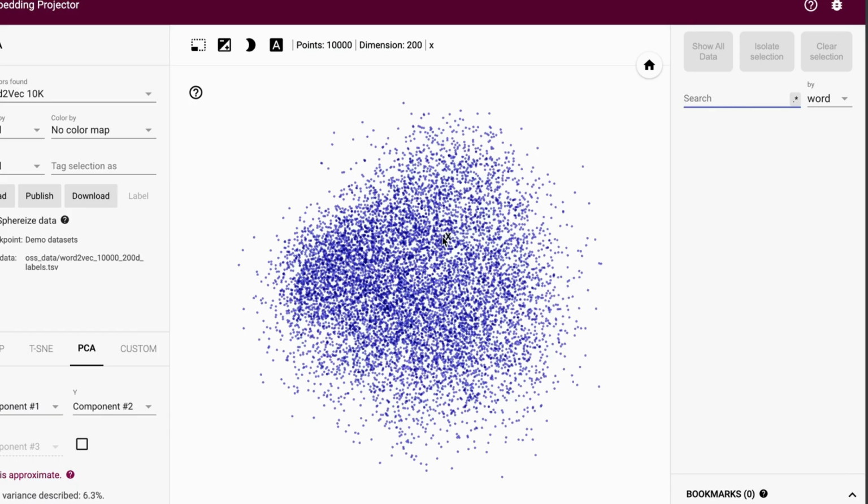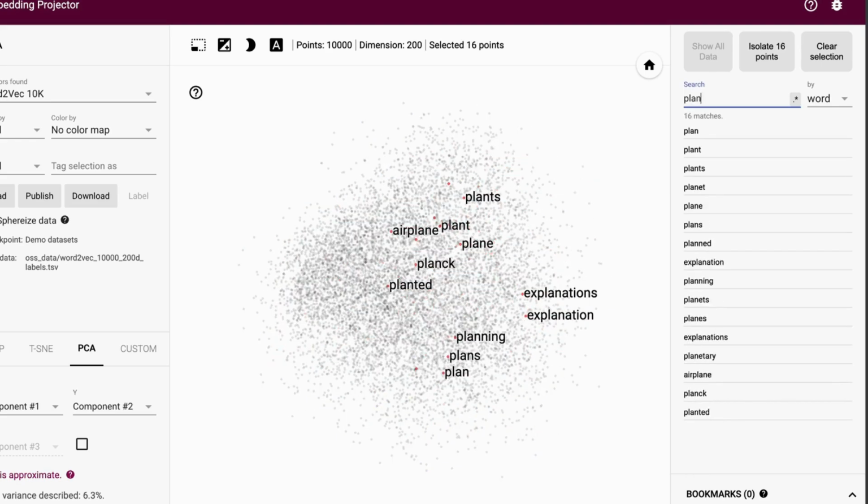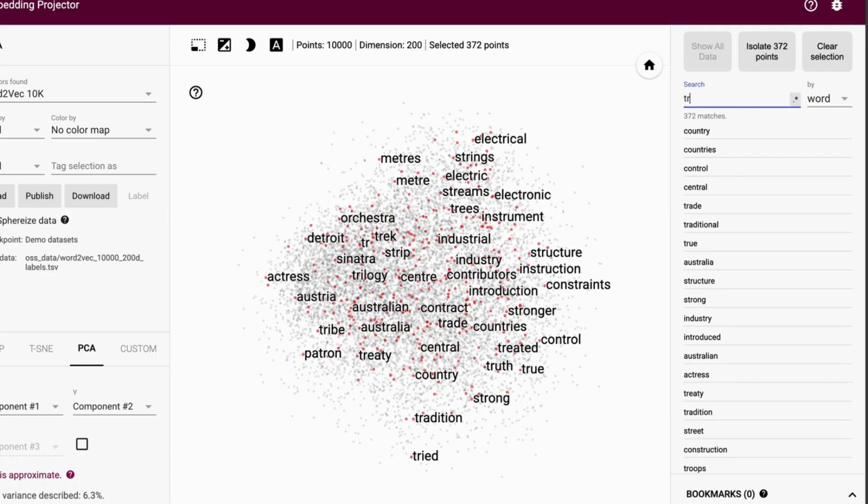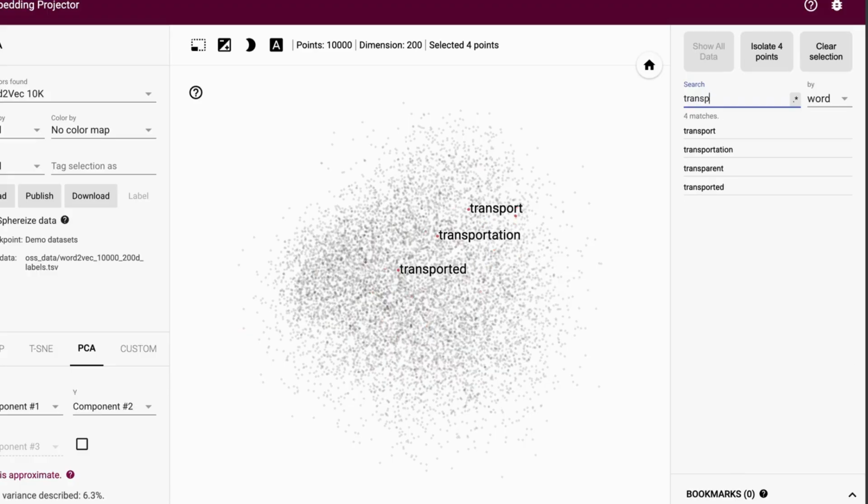If I want to search some word, for example, let's take plane. All these are related. Let's take another example, transport. See, all these are related: transport, transported, transportation.